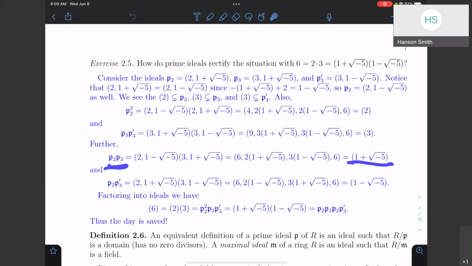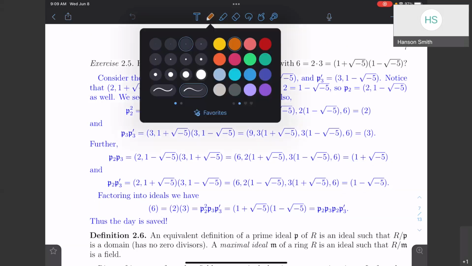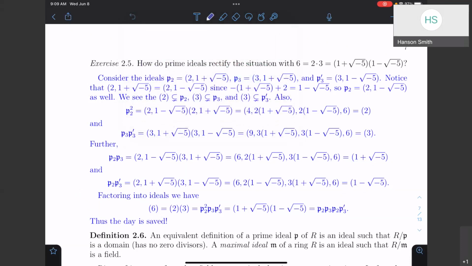So 1 plus the square root of minus 5 factors as P2 times P3, and 1 minus the square root of minus 5 factors as P2 times P3 prime. So now if I take everything as ideals, and we like to use this parentheses notation to indicate I'm talking about an ideal.